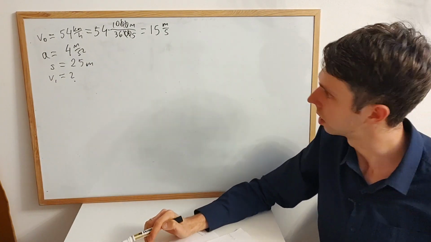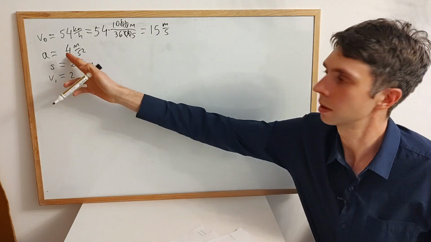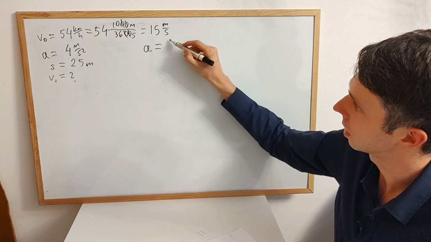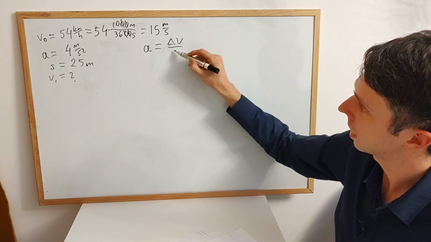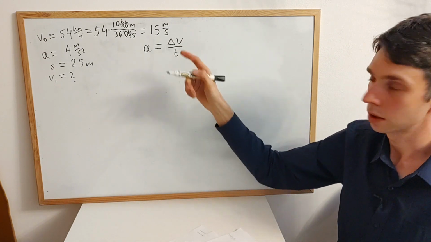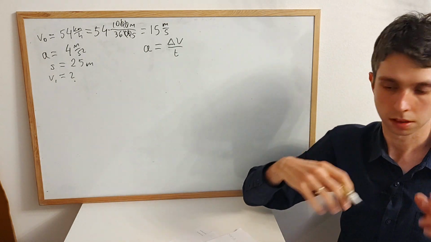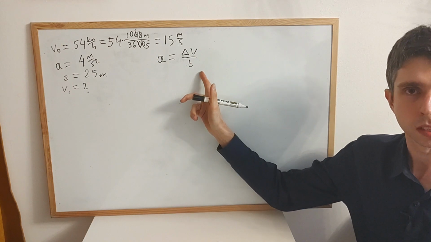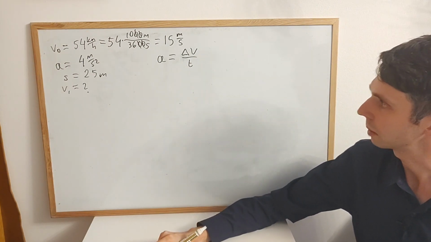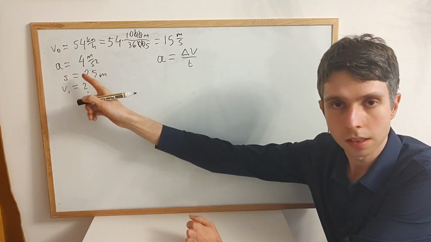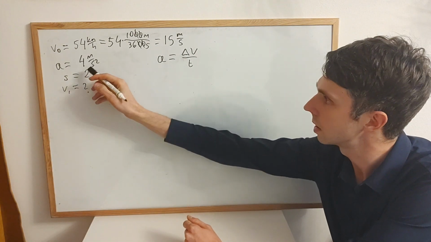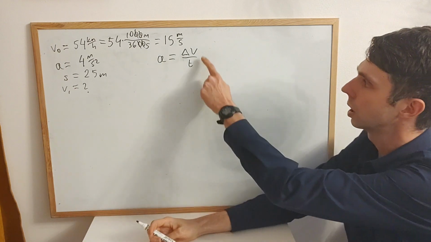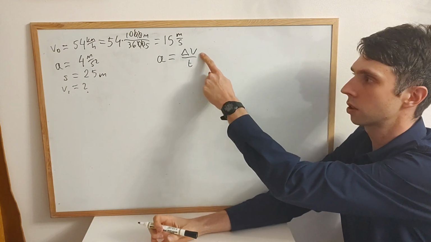Okay, so let's start with the equation for acceleration or deceleration. I remind you that this is the change in speed in time. So the acceleration is the change in speed divided by time, and our acceleration, or actually deceleration, is written as 4, so positive, so we should have a positive change in speed.